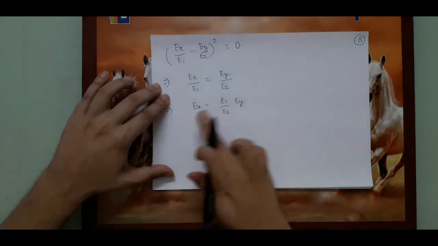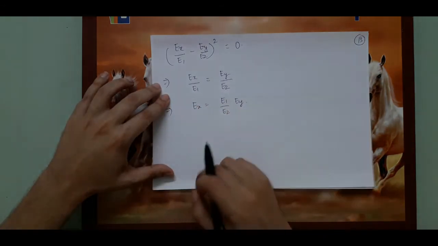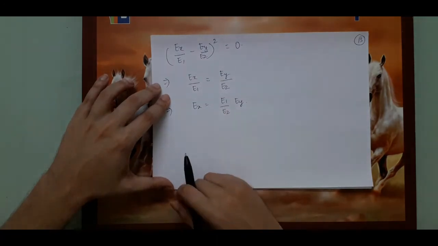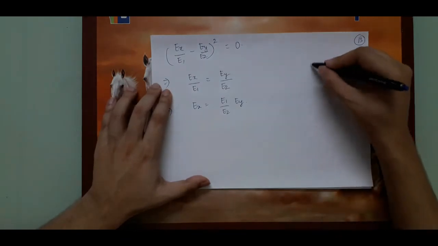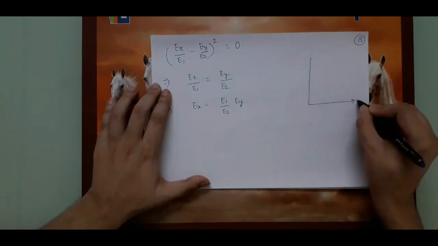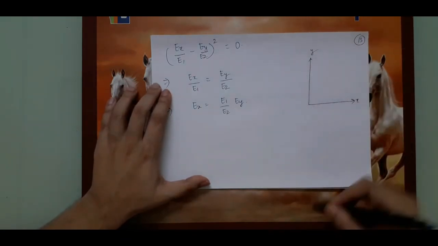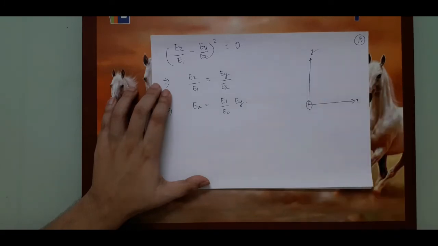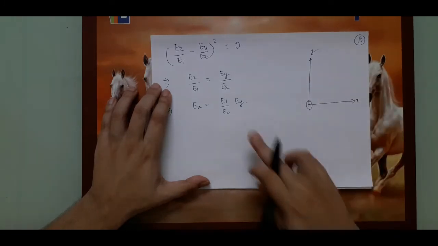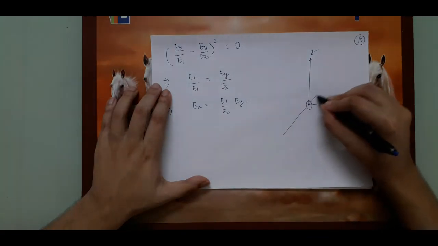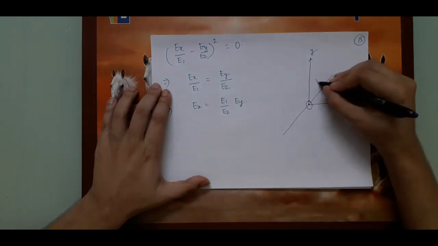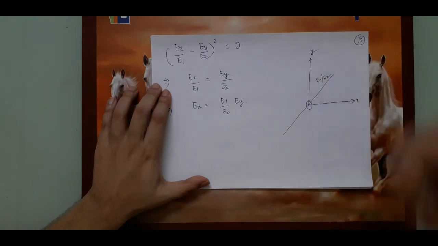So now what you can see is that the relationship between the x and y components of the electric field is linear, because E1 and E2 are constant. So if I am looking at the xy plane, again looking from the z direction into the paper, this is nothing but a line passing through the origin. So something of this kind, where the slope is E1 by E2.